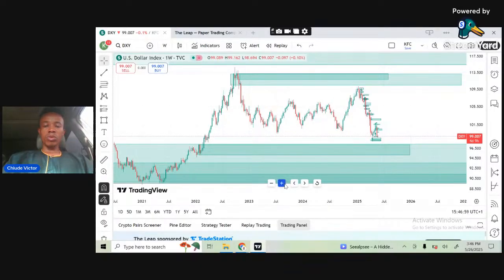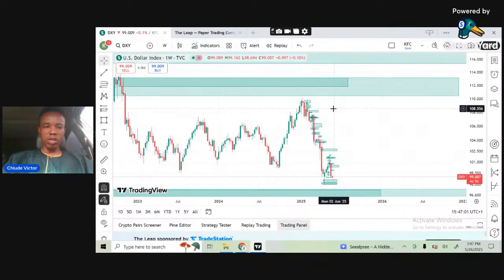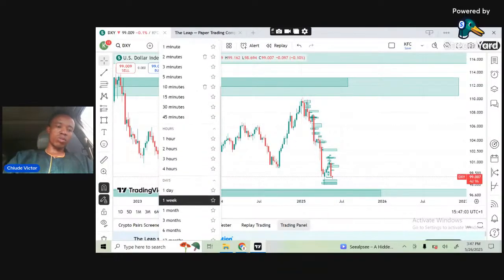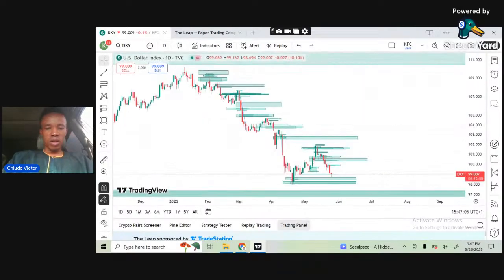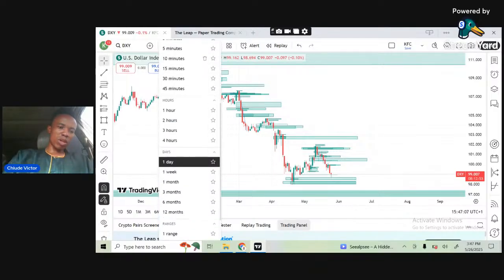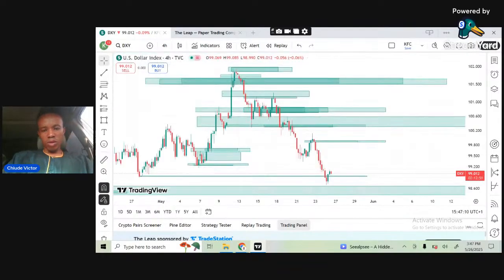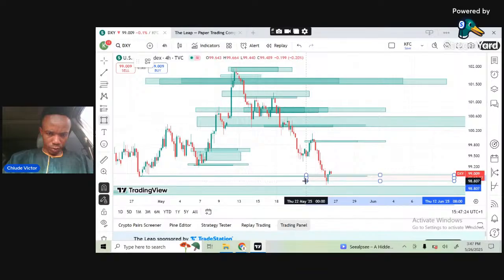So look very well, from this time frame it is actually bearish but retracing bullish. So 24-hour bearish, retracing bullish. 4-hour bearish, retracing bullish. And the price has touched this zone. It has already created a bullish order block on the 4-hour.